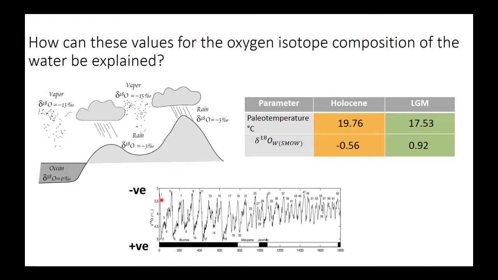And they do this because paleoceanographers are not the brightest bunch of kids in the world, and they quite often like to think of up being warm and down being cold. Okay, so in terms of oxygen isotopes, more positive tends to be more ice, so colder climate conditions.